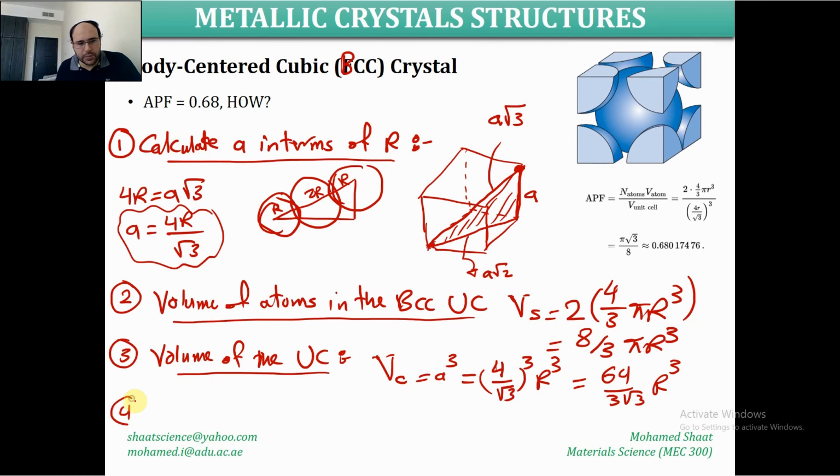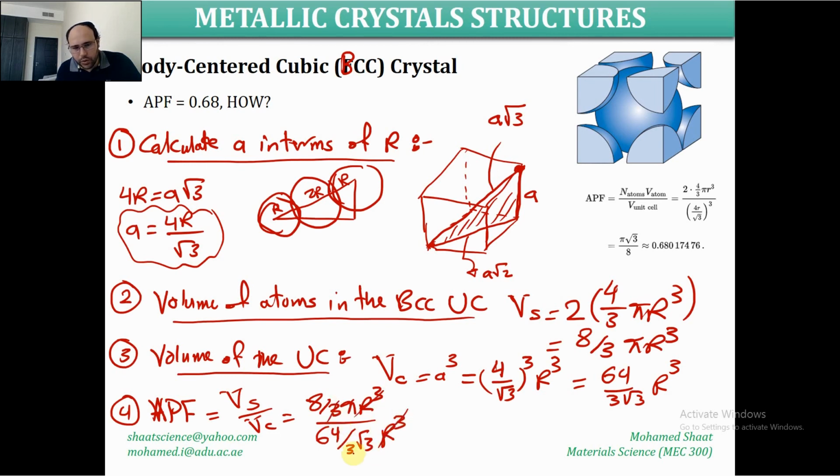Then the fourth step and the last step, your objective is just to calculate the atomic packing factor. The atomic packing factor should equal the volume of the sphere or the atoms divided by the volume of the unit cell. This is going to give us 8 divided by 3 pi r cube divided by 64 divided by 3 square root of 3, and we do have r cube. So this r cube will be cancelled with the r cube.